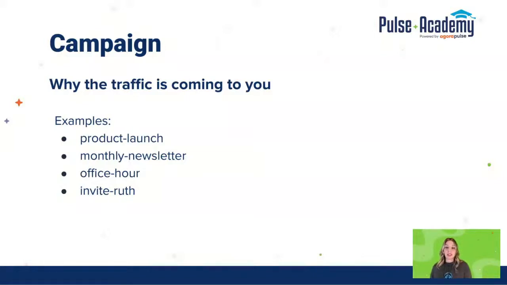Or another example of a UTM campaign parameter that I use is when I am personally posting links to my personal social media, driving people to the Social Media Pulse community to join our community. We have a campaign that's just invite-Ruth, and I know that I can attribute that to that particular link that I shared, driving traffic back to our community.